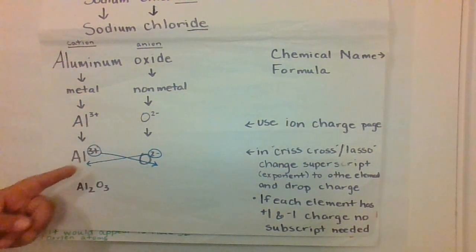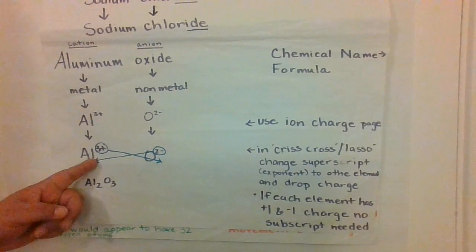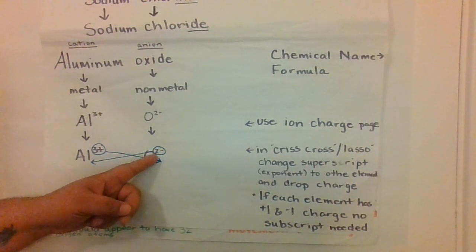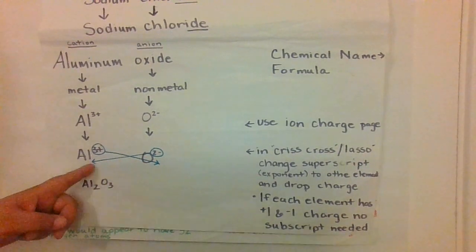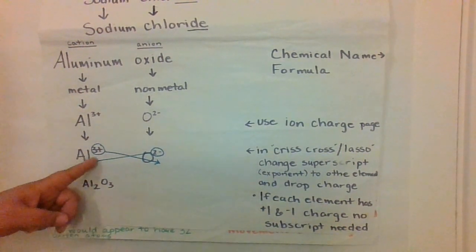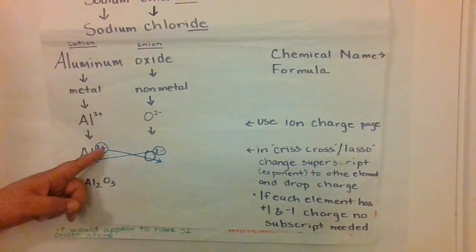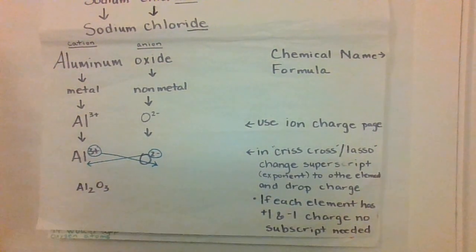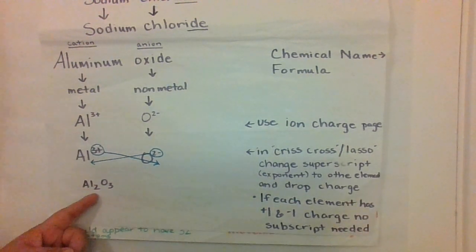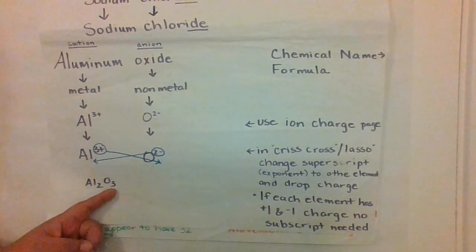and it is going to then be in the subscript position. Whatever was attached to my second element in the compound will now be the subscript for my first element. And then the charge for my first element will now be the subscript for my second. So for aluminum oxide, I have Al2O3.